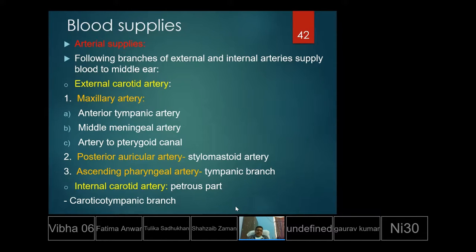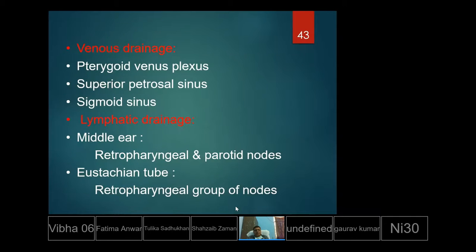And the internal carotid artery in form of caroticotympanic branch supplies the petrous part of the middle ear cavity. The venous drainage is done by pterygoid venous plexus, superior petrosal sinus, and the sigmoid sinus.